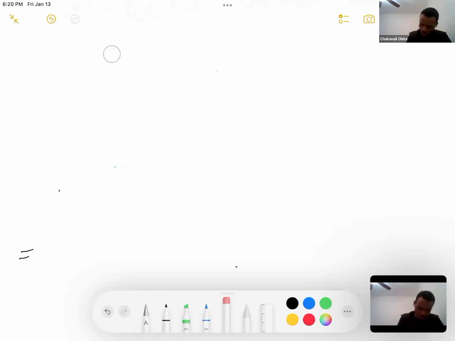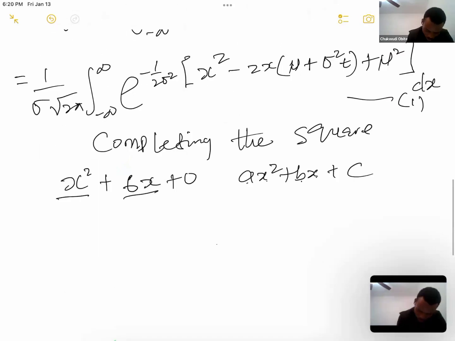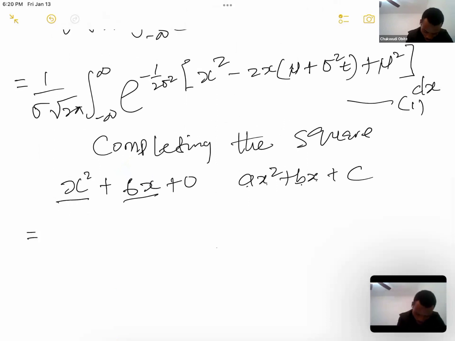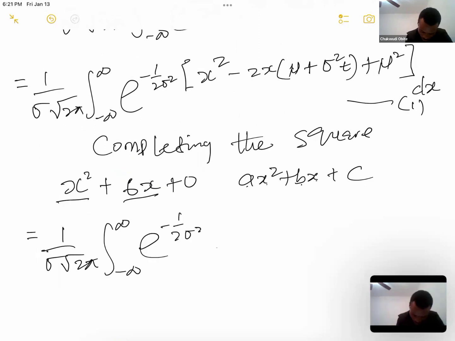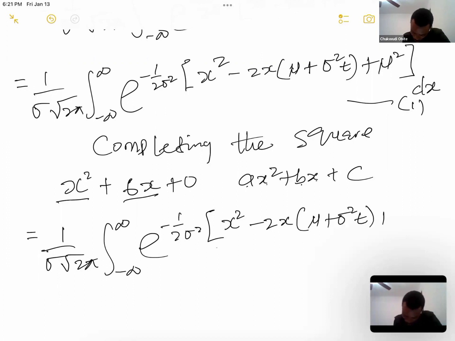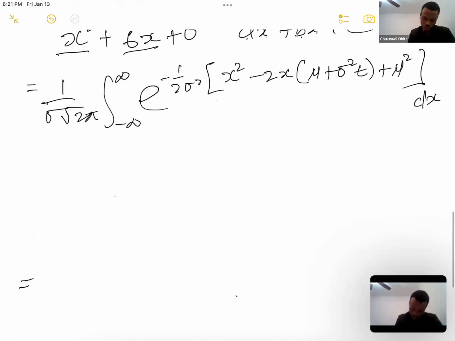Now I want to apply completing the square to our original equation. So I will have 1 over sigma square root of 2 pi, integral from minus infinity, e raised to power minus half sigma square, x square minus 2x, I'm just repeating what we have above, plus mu square, dx. Okay, so continue from where we stopped.